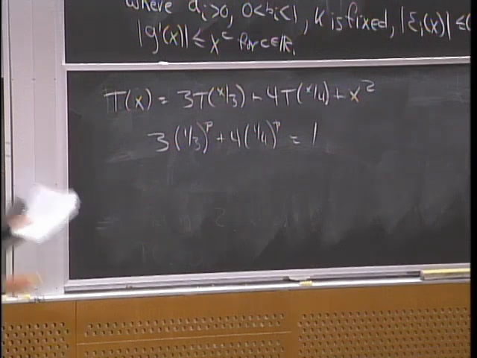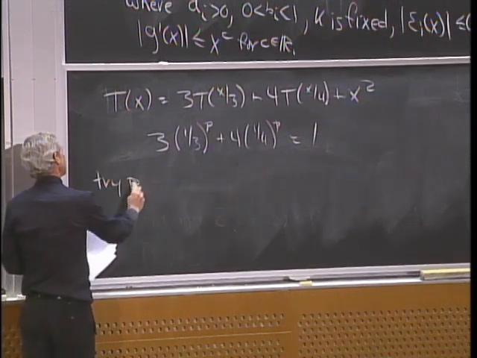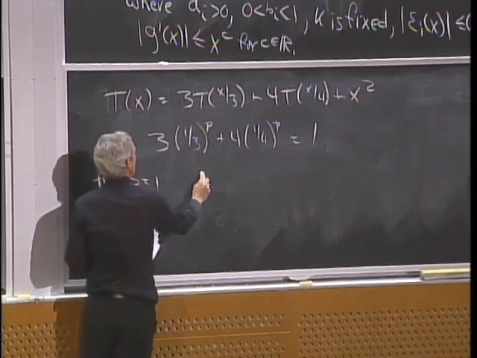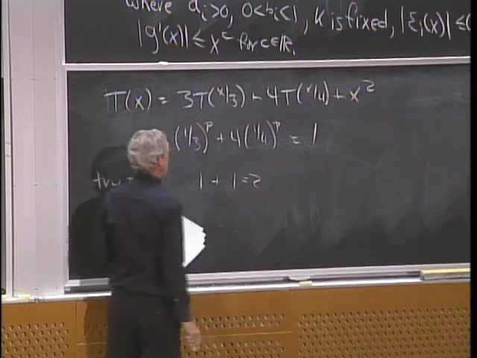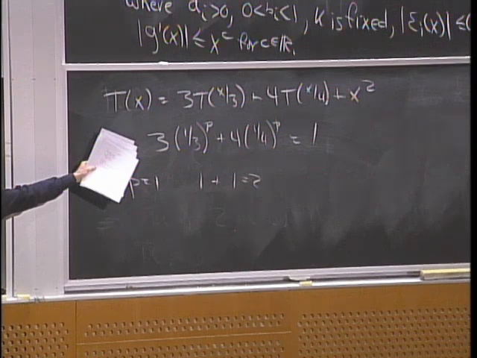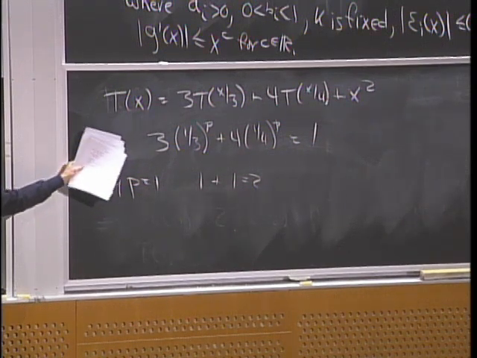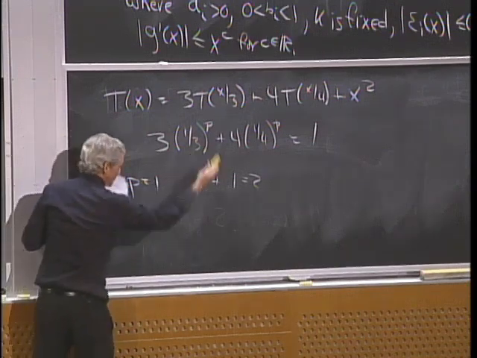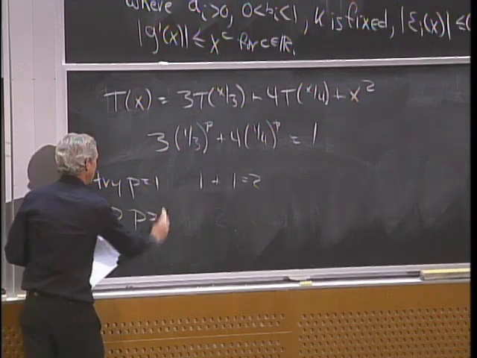You might say, okay, let's try p equals 1. I get 1 plus 1 is 2. That's too big. So which way do I have to go on p? Do I need a bigger p or a smaller p? Bigger, because I've got to get from 2 down to 1. So I know that p is bigger than 1.